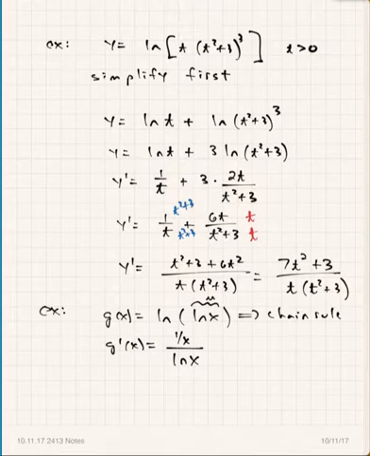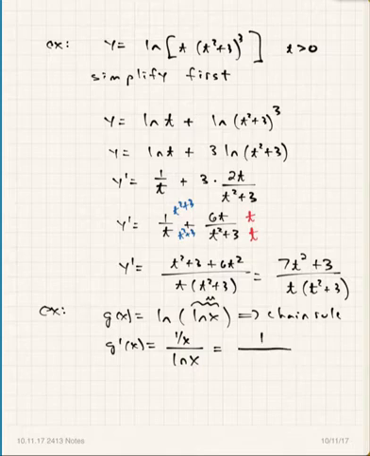And that's the derivative, 1 over x over the natural log of x. And usually you'd see that written more simply as 1 over x natural log of x. Not a hard derivative, but it can throw people off when you see the natural log of the natural log of x, it kind of throws people off a little bit.